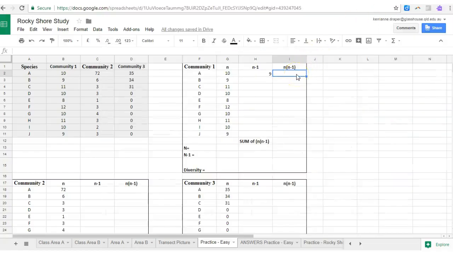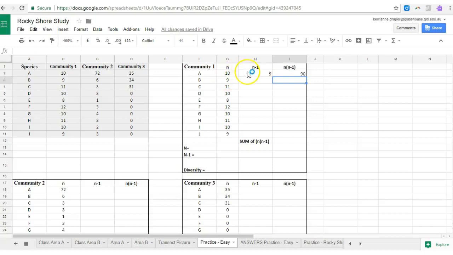So equals whatever's in this cell, my n, times by, now this is your shift star, the thing above the 8, times by whatever's in this cell. And see how it highlights them with the different colors so you can see you've got them right? And go equals. And it works out exactly what we had done before, 90.